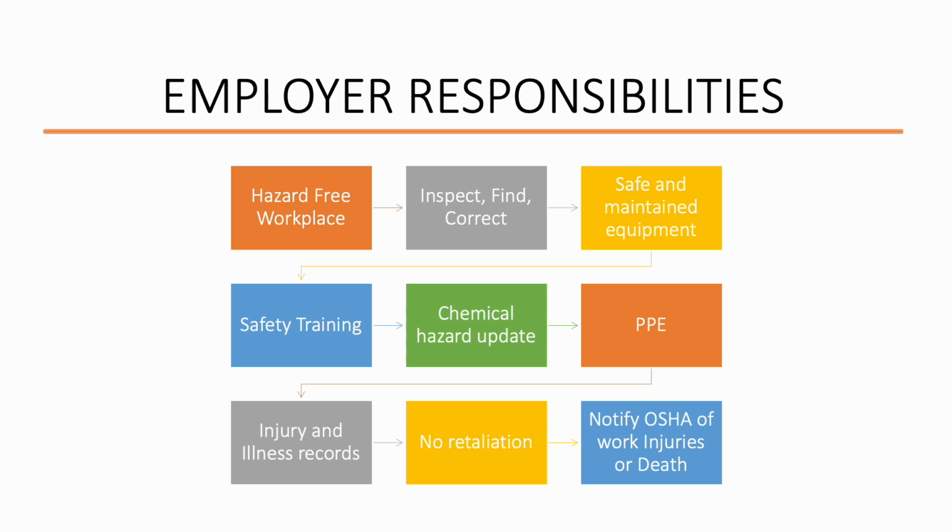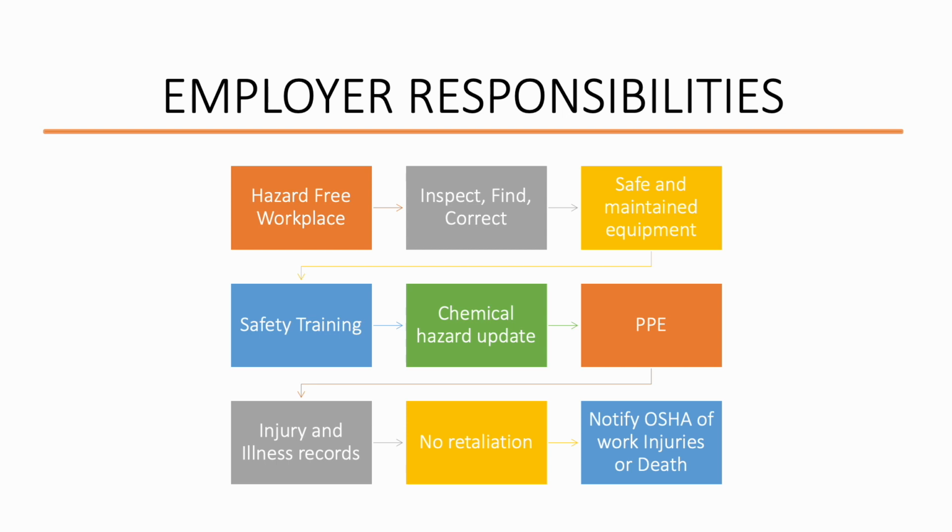The employer has a legal responsibility to provide a safe working environment for you. To fulfill this, the employer must ensure the workplace is free from serious hazards by inspecting the workplace on a regular basis, finding and correcting any safety or health hazards that are found.